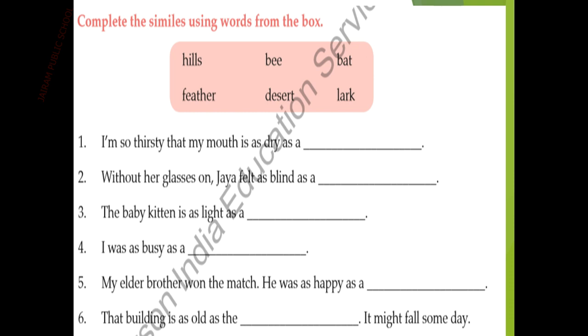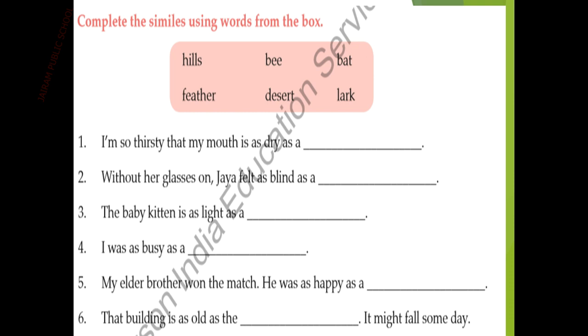Can you find out the answer for this one? Yeah, of course. Lark is the right answer because it is a small brown bird that makes a pleasant sound. It makes us very happy. So the answer is lark. My elder brother won the match. He was as happy as a lark.